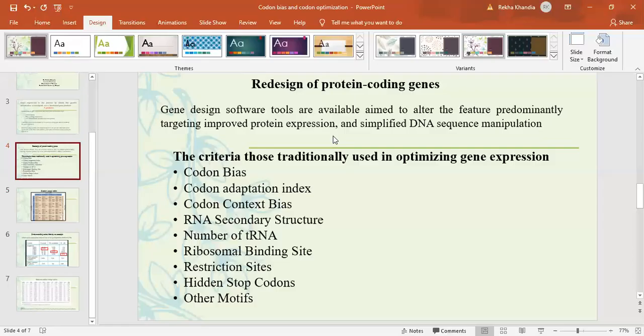Apart from that, regarding the ribosomal binding site, if it is near the 5 prime end, then protein synthesis will be higher, and if it is far from the 5 prime end, then the protein synthesis efficiency will be lowered.